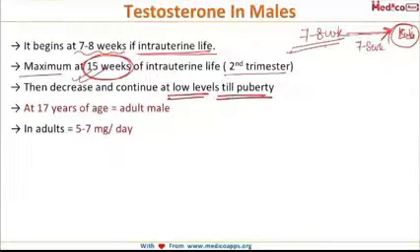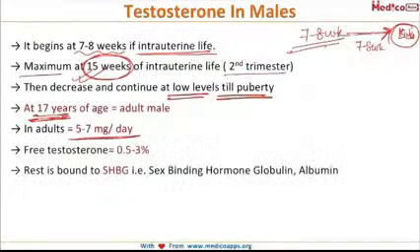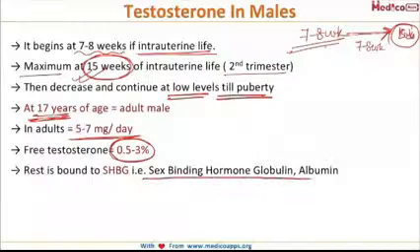Now when does the secretion of testosterone become equivalent to that of an adult male? It is at 17 years of age. And what is this value? It is 5 to 7 milligram per day. Out of this 5 to 7 milligram, only 0.5 to 3% is free testosterone, and the rest is bound to sex hormone binding globulin and albumin.